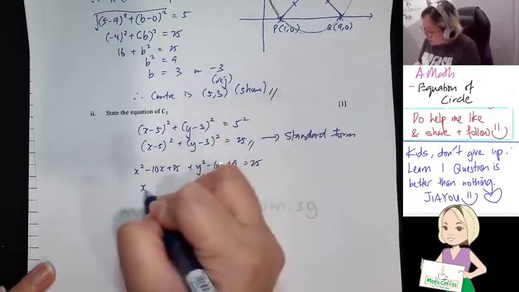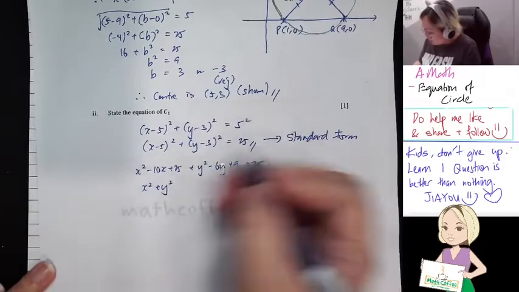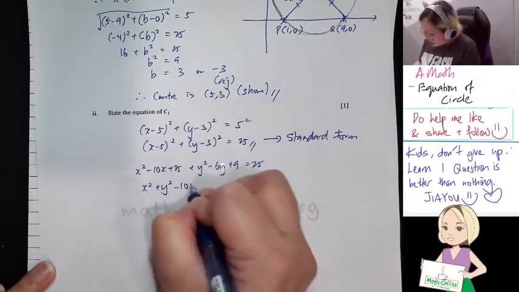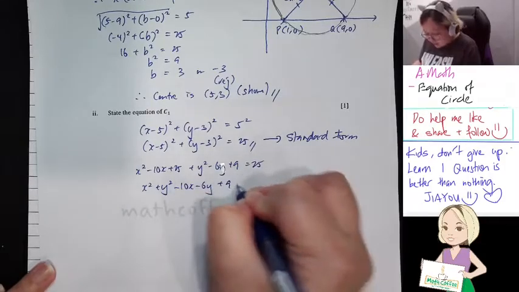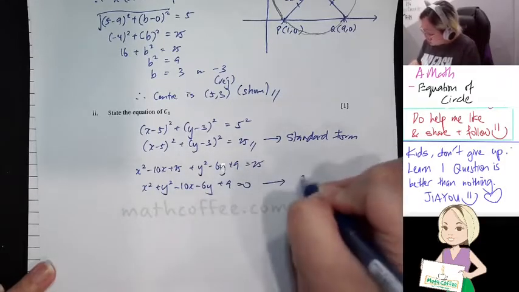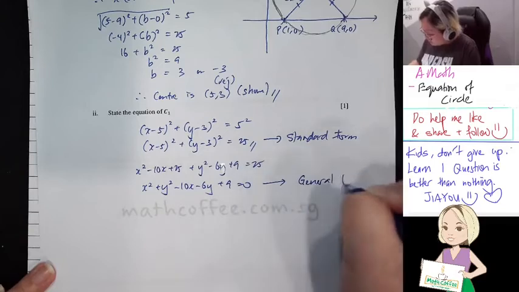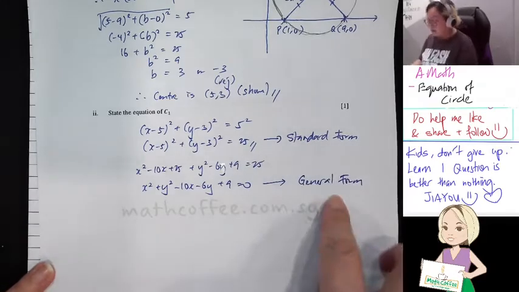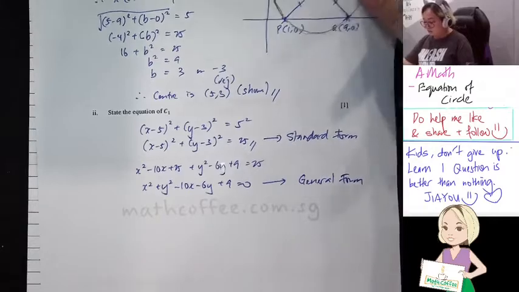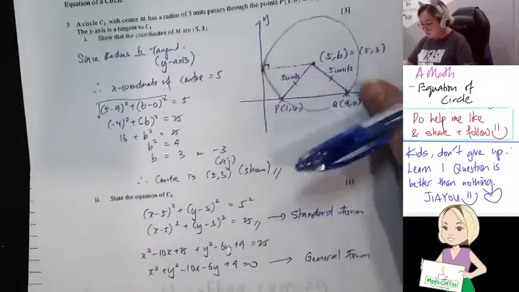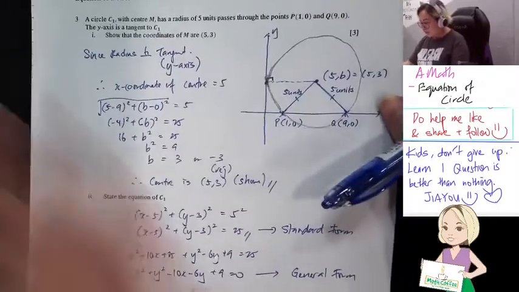So I will have x squared plus y squared minus 10x minus 6y plus 9 equals 0. This is called general form. Unless they request general form, it's actually fine to leave the answer in standard form. Thanks, Cheryl.